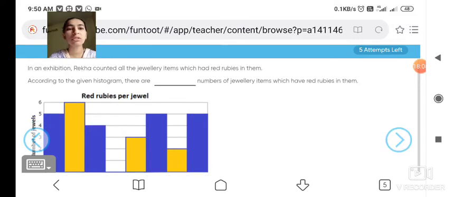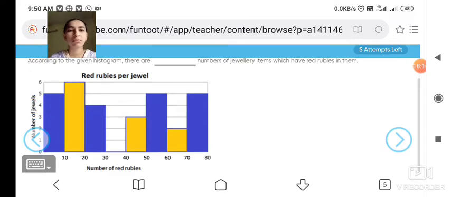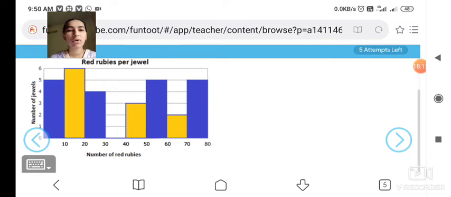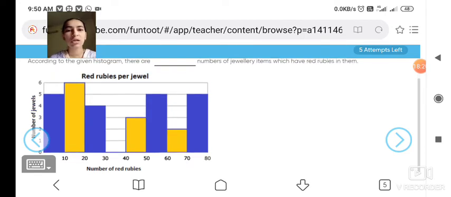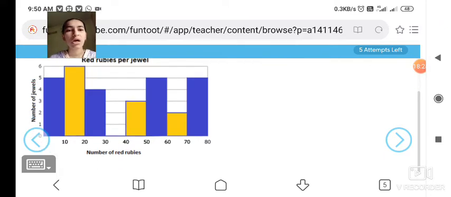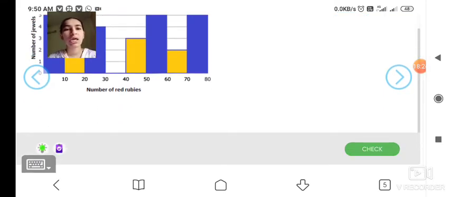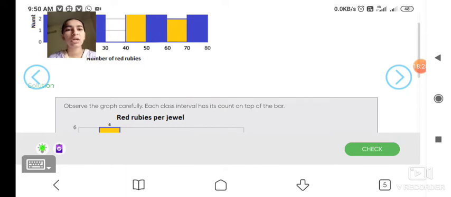Now, red rubies per jeweler. Now the number of red rubies is on the horizontal line, and the number of jewelers is on the vertical line. Now you can see red rubies per jeweler. Now which of the answers among these is the correct one?